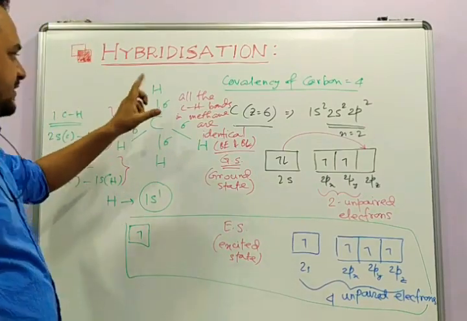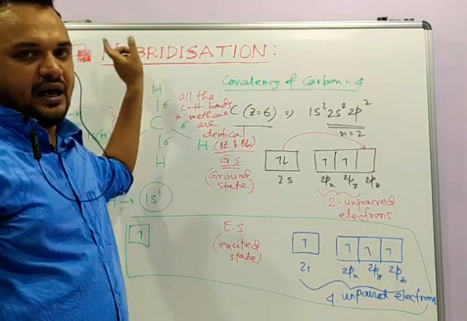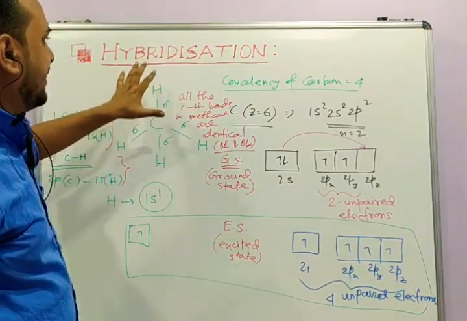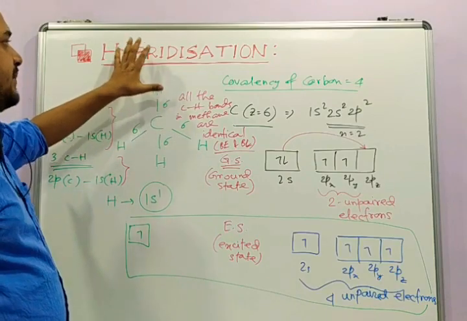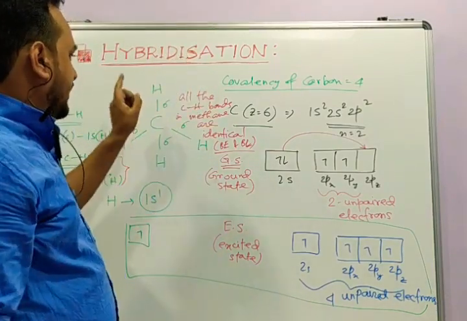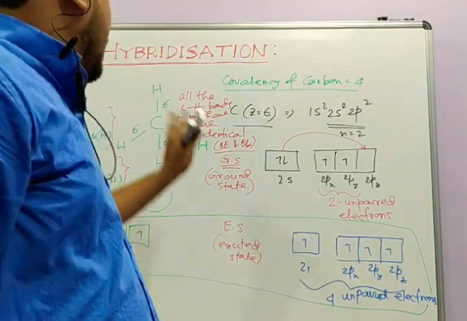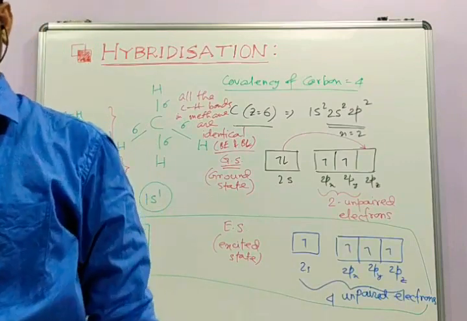So now to explain this anomaly, we need the theory of hybridization. This was the need where hybridization theory was introduced to explain this bonding. Okay? So the background, the need of hybridization is clear.